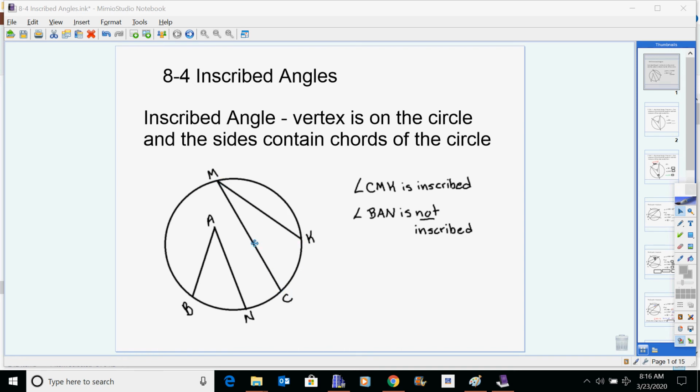So for example, this angle right here, angle CMK, is inscribed because it starts and ends on the circle, and the vertex is actually on the circle. Angle BAN is not what we call an inscribed angle because even though it starts and ends on the circle, A doesn't go all the way across. It doesn't hit a point also on the circle. So that should clear up what an inscribed angle would be.